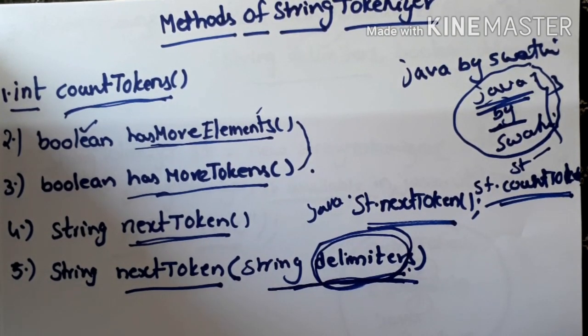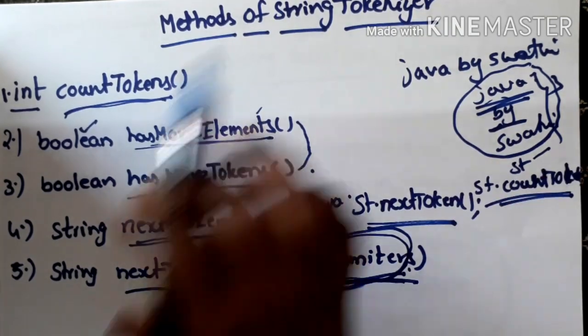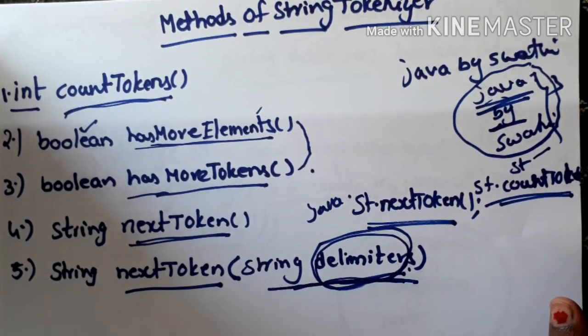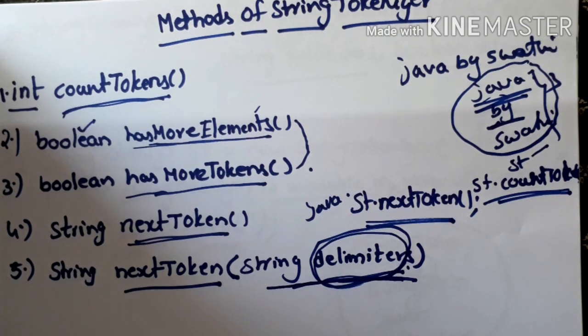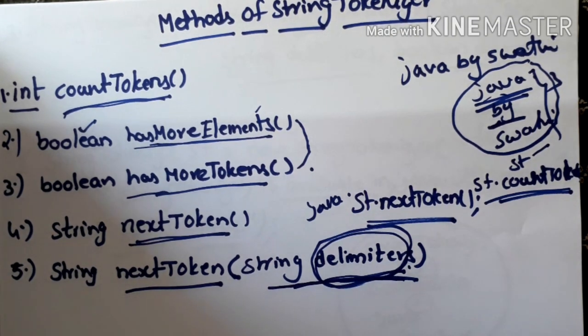Is it clear? So these are the methods available in the StringTokenizer class. By now, is it clear about the StringTokenizer class? We have seen what the StringTokenizer class is, in how many ways we can create the object, and the various methods available. Now we'll see one example program so that you will get a better idea.